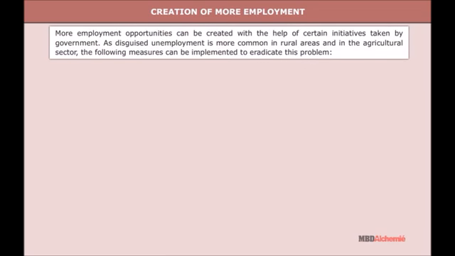Creation of more employment. More employment opportunities can be created with the help of certain initiatives taken by government. As disguised unemployment is more common in rural areas and in the agricultural sector, the following measures can be implemented to eradicate this problem.